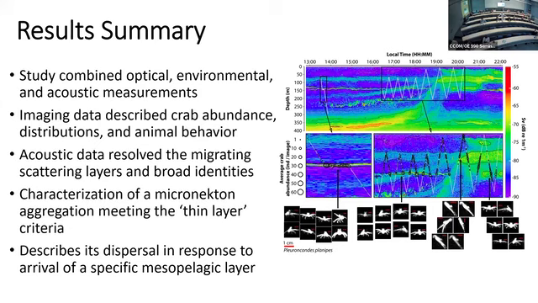Micronekton are kind of hard to study. And I think what's really the take-home message for me of this really short-lived event is the specificity of that response to a specific migrating layer in their dispersal response.